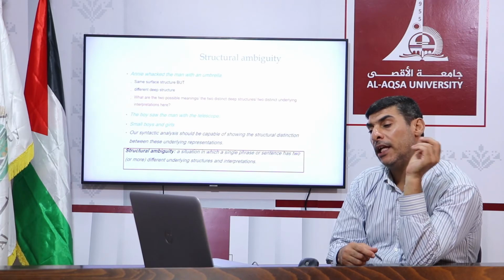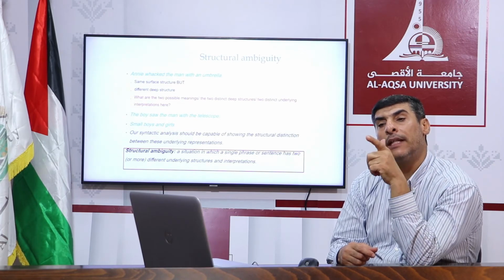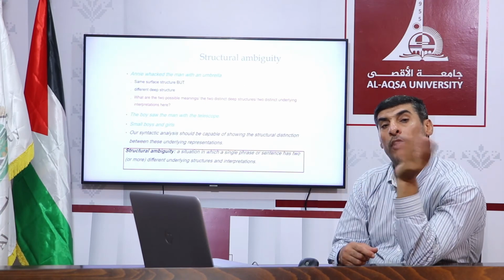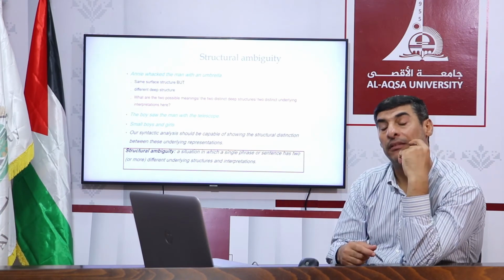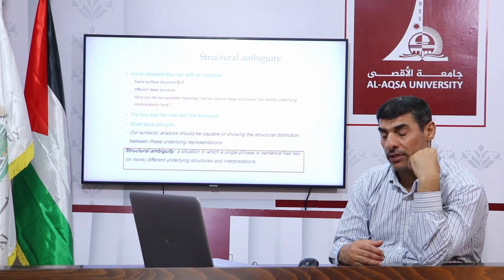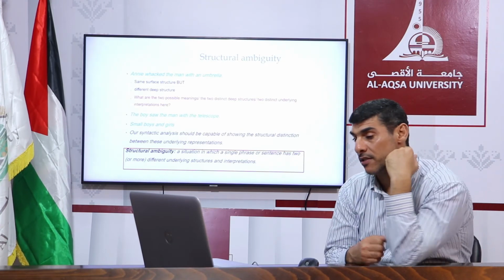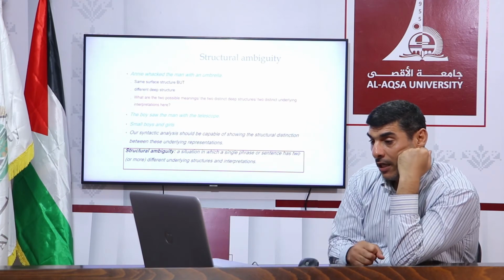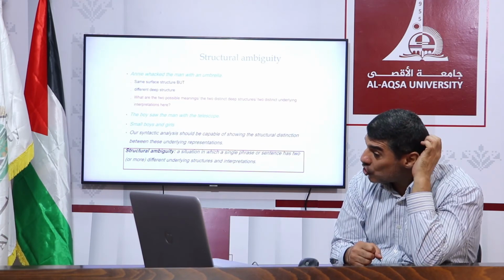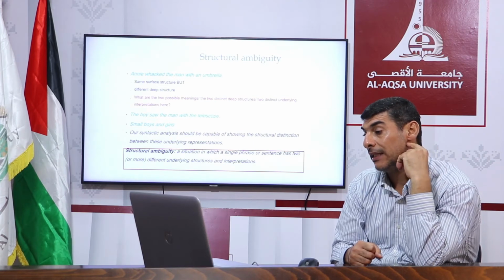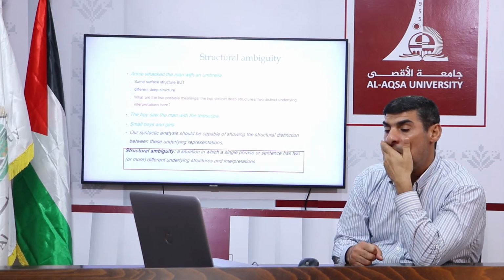If I say, okay, for men and women, do I mean for women and for men, or for women and other number of men? So sometimes the sentence itself or the structure itself is ambiguous. Our syntactic analysis should be capable of showing the structural distinction between these underlying representations.